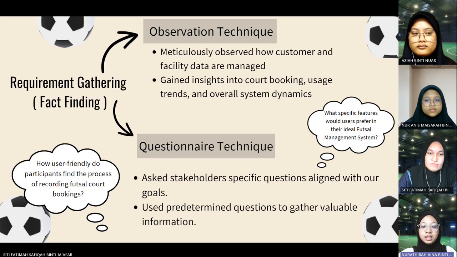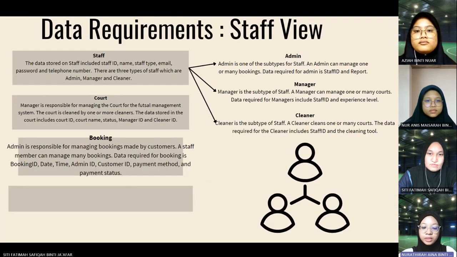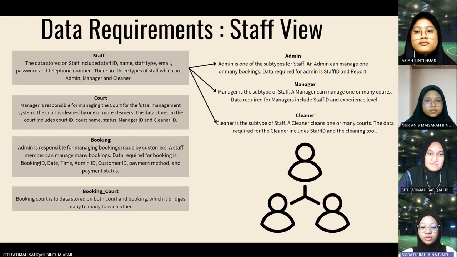For the questionnaire technique, we gather information by asking a set of questions to stakeholders, such as how user-friendly participants find the process of recording futsal competitions, and what specific features users would prefer in their ideal futsal management system. This allows us to collect feedback and opinions which add to our understanding of user perspective and expectation of the system.